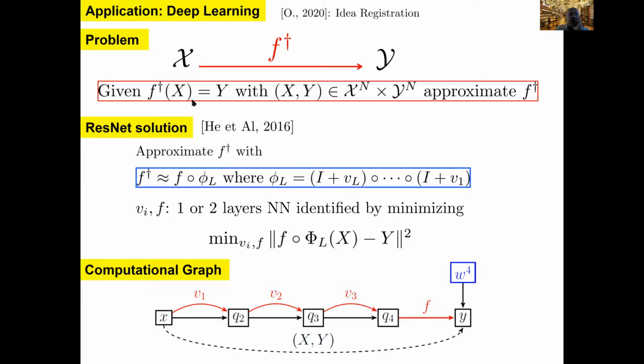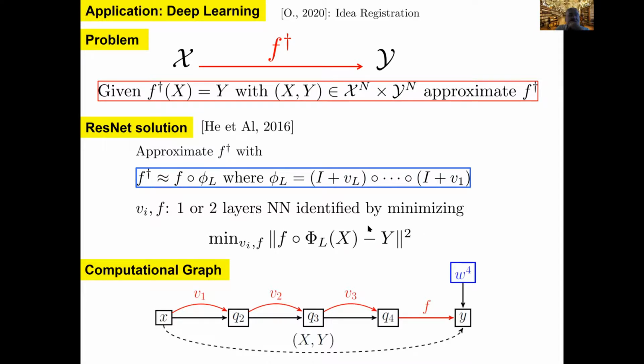Then the ResNet solution to that problem is to approximate f dagger by completing the following computational graph corresponding to the composition of some function f with a deformation of the input space phi obtained as the composition of L functions written as the sum of the identity map with the displacement vi. Then the deep learning approach to completing this graph is to replace the unknown functions f and vi's by 1 or 2 layer neural networks and minimize the data mismatch with respect to the parameters of those networks.